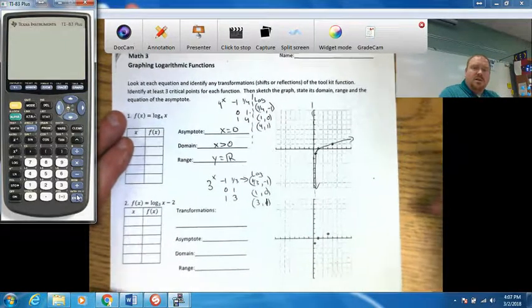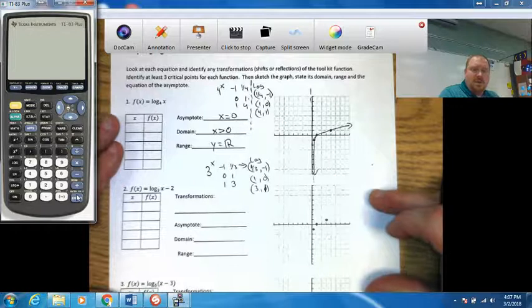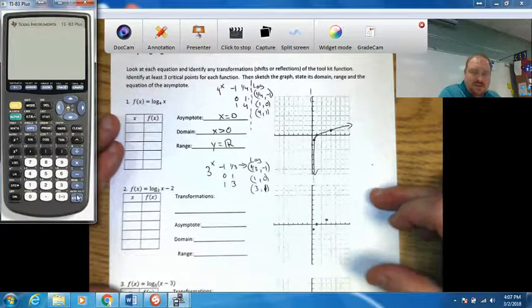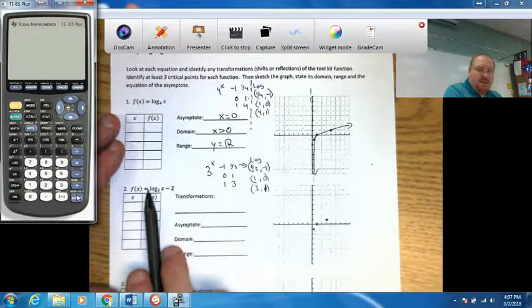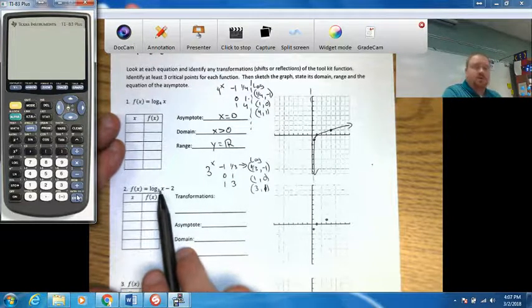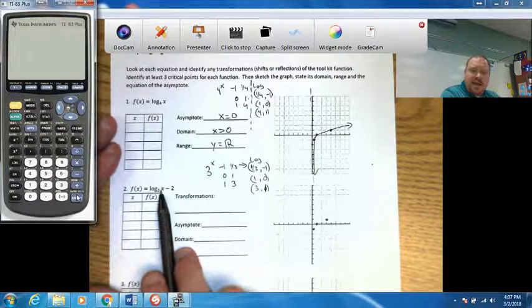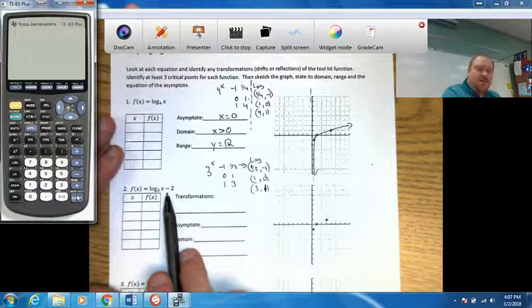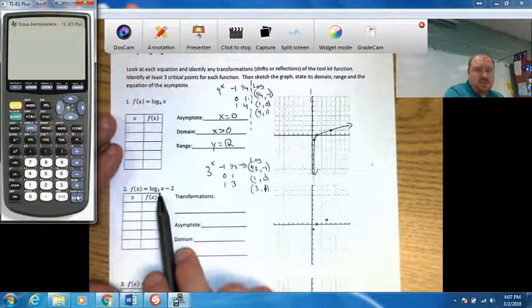Now, those are the non-transformed points. Now I have to do whatever shift is being asked of me. Over here, there's nothing in front, so I have no vertical stretches or reflections. There's no negative sign in front of the x, so I have no reflection over the y-axis. But I do have a minus 2. Now, this minus 2 is not with the x. It's easily thought to be so.